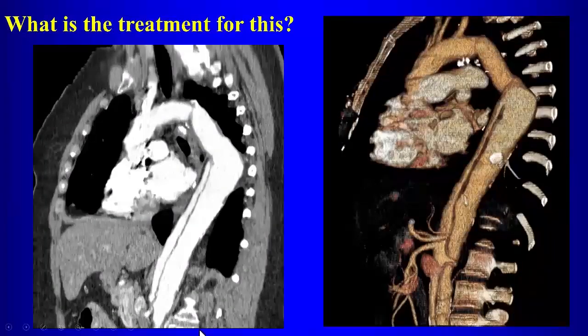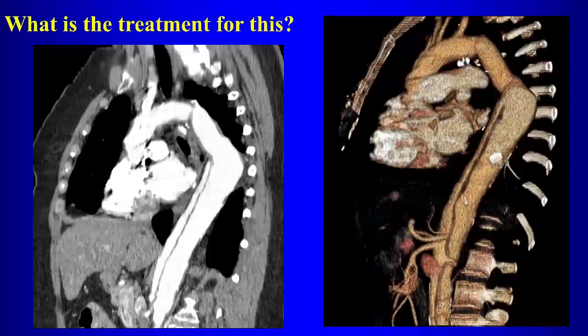And then when I look at the branch vessels here coming off the true lumen, in this case in the abdomen, what complication might this patient have? Bowel ischemia, mesenteric. Yeah, and what do we call that? There's a term for that, and that's malperfusion syndrome.